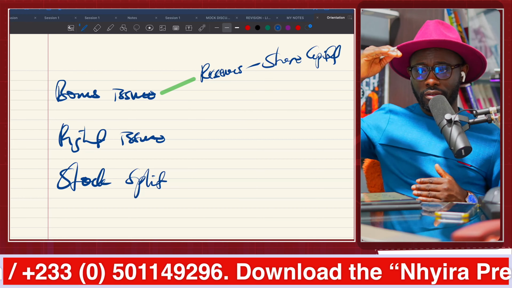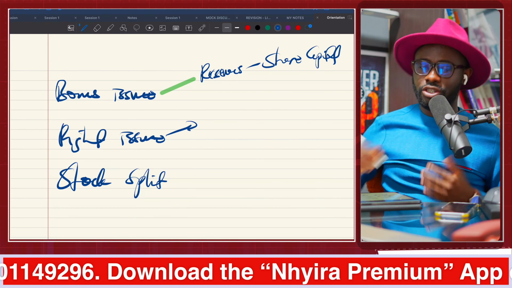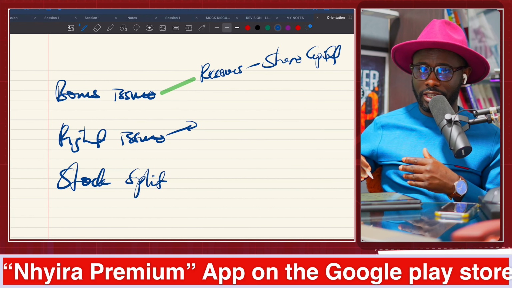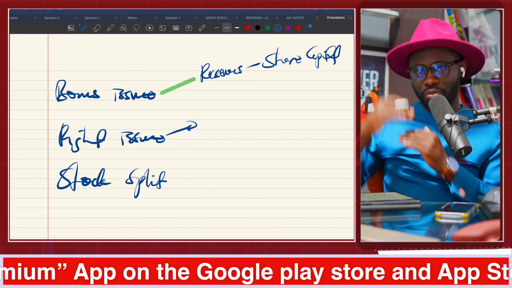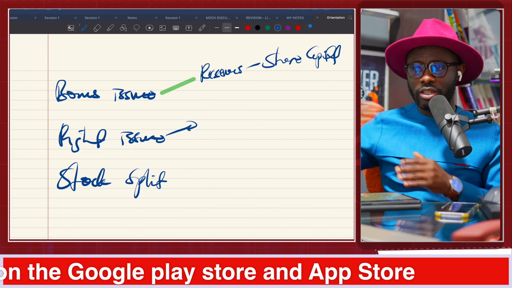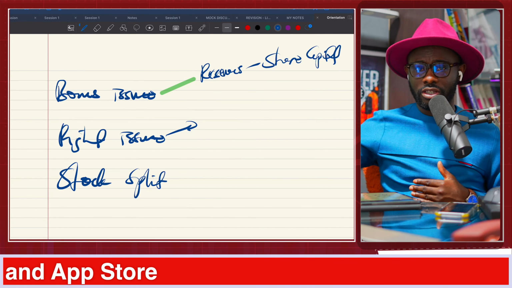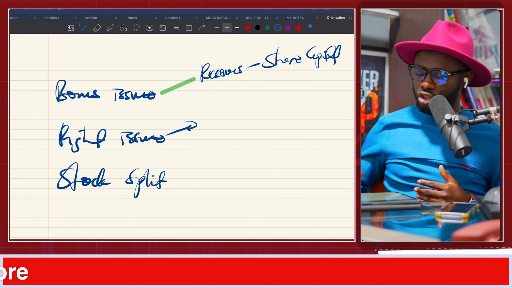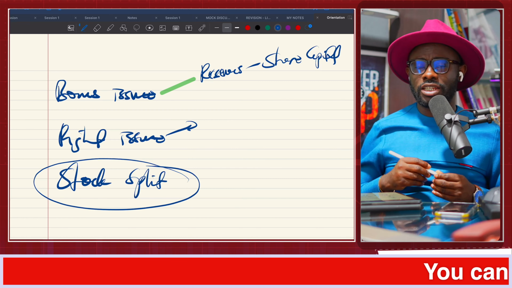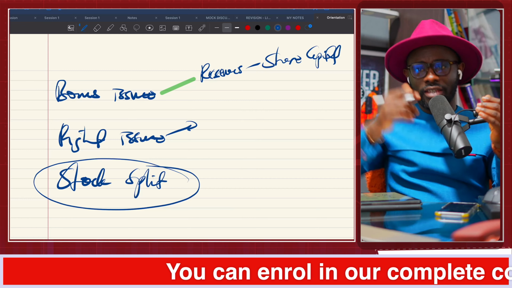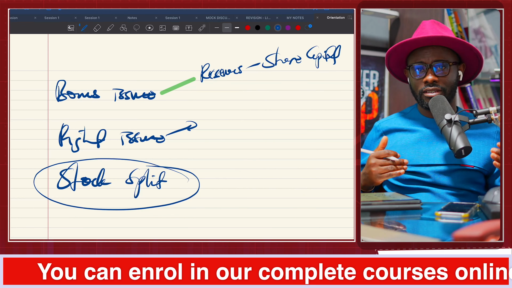In rights issue, what is happening is that shareholders are paying some money, but the money they are paying will be lower than how much they should have paid. So some money is coming in and the number of shares is also going up. In stock split, it's a strategy that the entity undertakes where the share price is split.